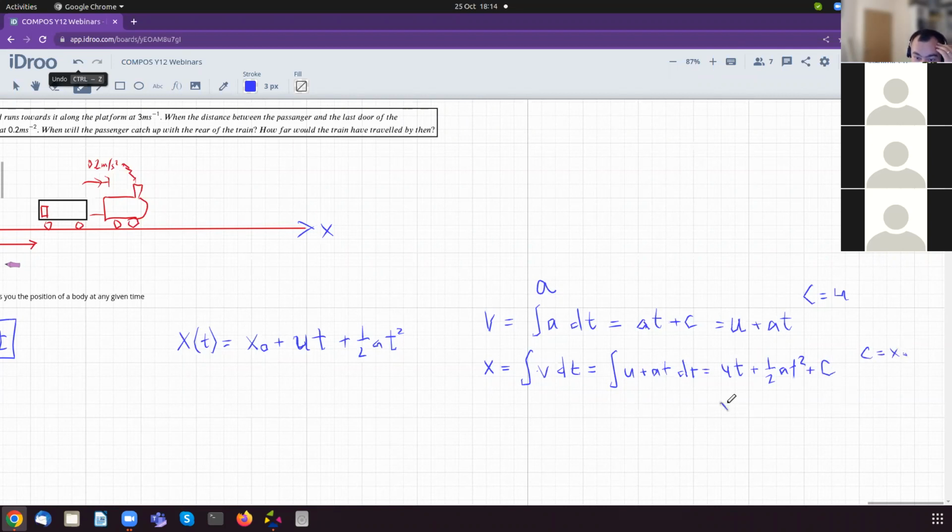And therefore, we have x0 plus ut plus 1/2 at squared. If you haven't done integration, don't worry, you'll get there. But if you have done integration, I hope you can appreciate that.